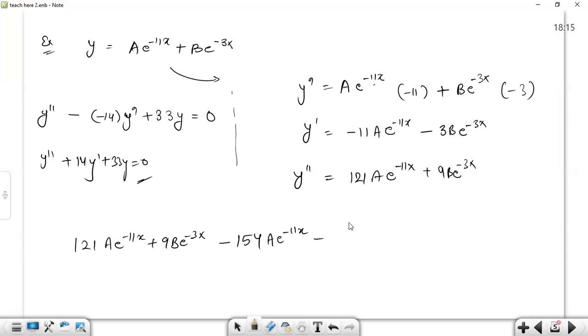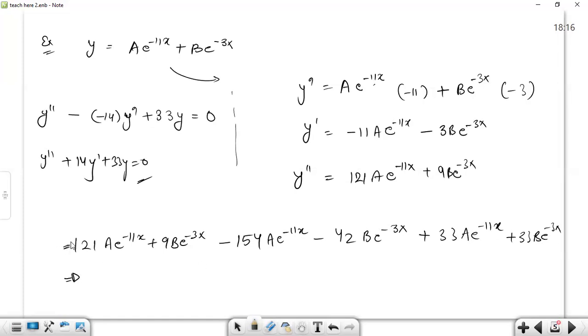Plus minus 14 into minus 3, that is 42. Yeah, plus 33 of y. So 33 a e raised to power minus 11x plus 33 of b e raised to power minus 3x. So this should be 0.